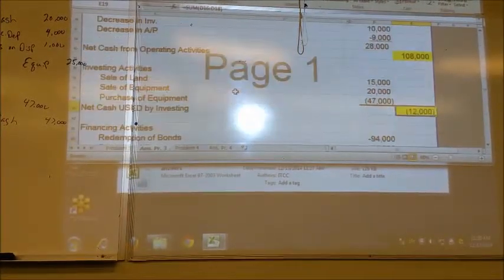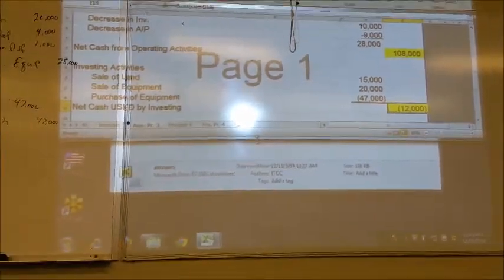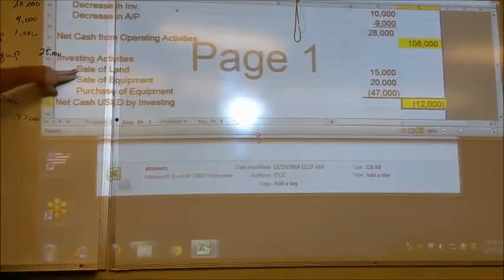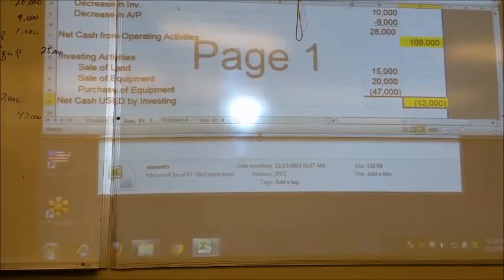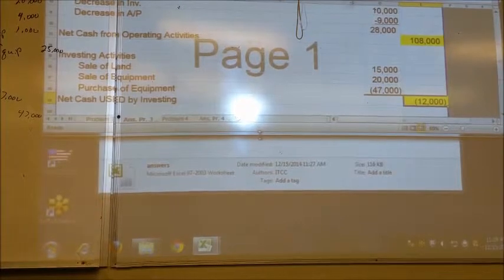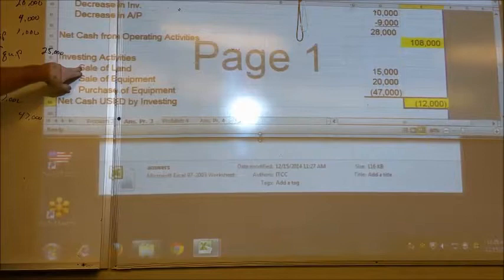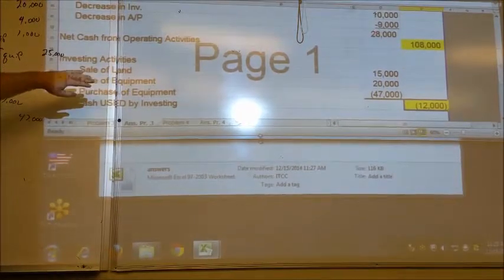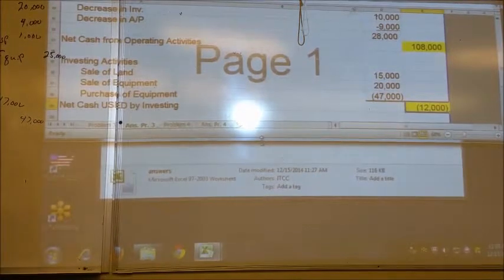Now where a little bit newer stuff comes in: investing. This one was the easier one because I sold the land. It tells us I sold it at book value. So the land went down by $15,000, and if I sold it for cash at book value, that means I brought in $15,000 cash.